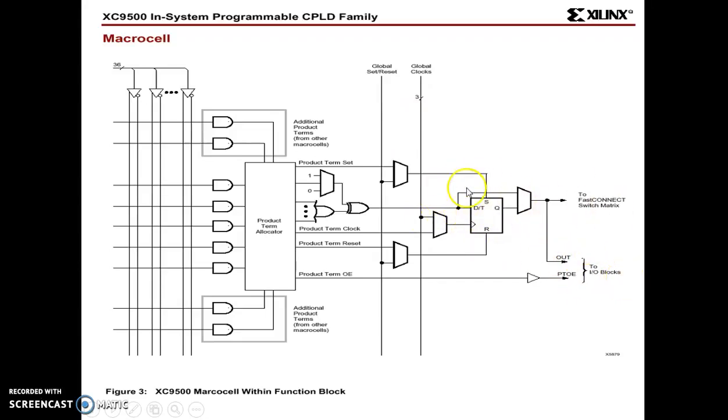The product term allocator associated with each macro cell selects how the 5 direct terms are used. The product term allocator can reassign product terms within the function block to increase the logic capacity of a macro cell beyond 5 direct terms.